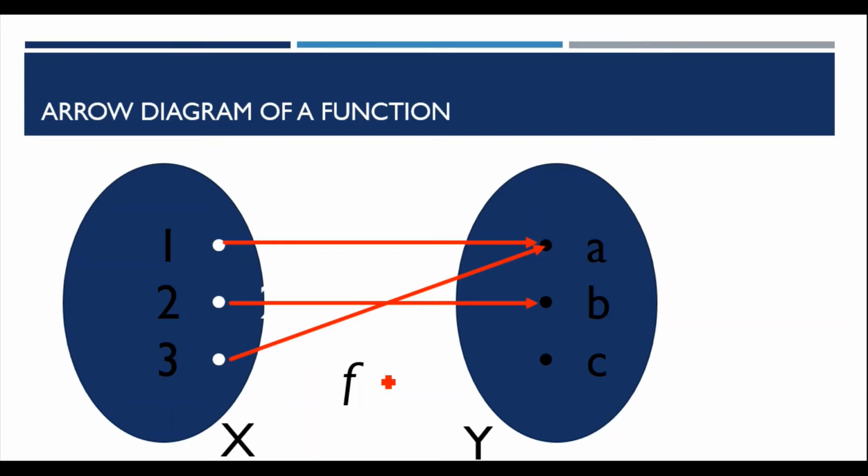Out of that, we can derive an arrow diagram of a function, which shows that for X, we have 1, 2, 3, and for Y, we have A, B, and C.